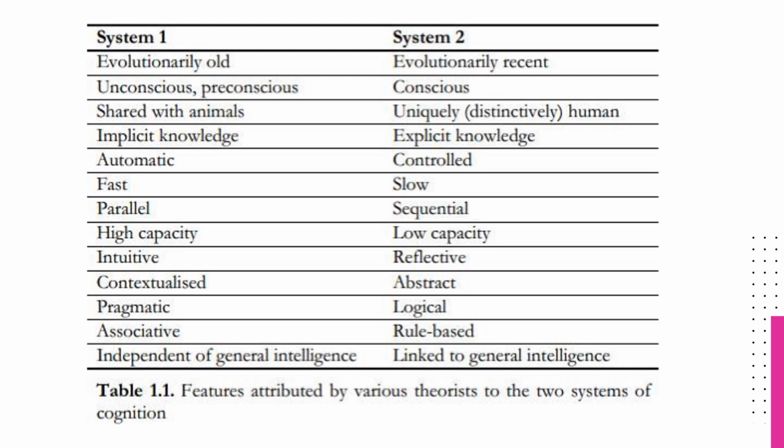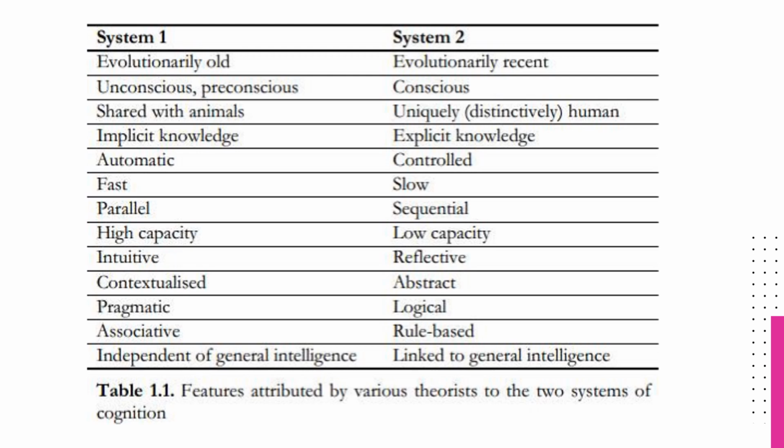System 1 is thought to be shared with animals. System 2 is this distinctly human system that the growth of our brains has enabled us to develop on top of the old system that we share with other creatures. And it's explicit rather than implicit, controlled rather than automatic, and slow rather than fast.